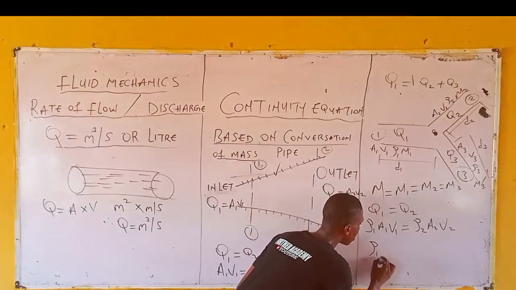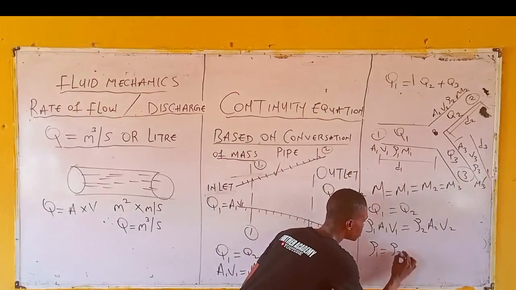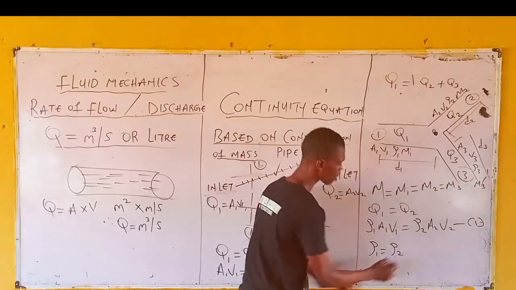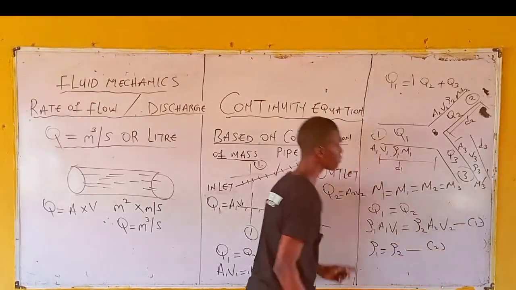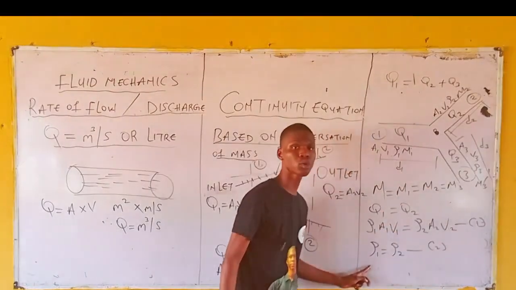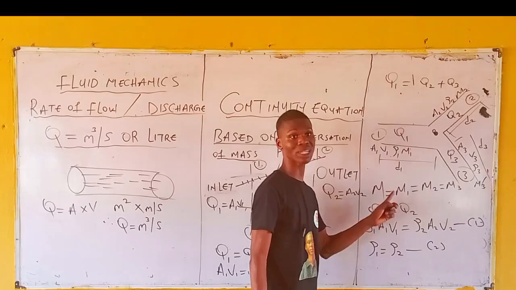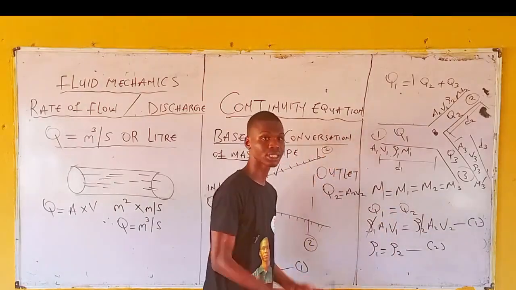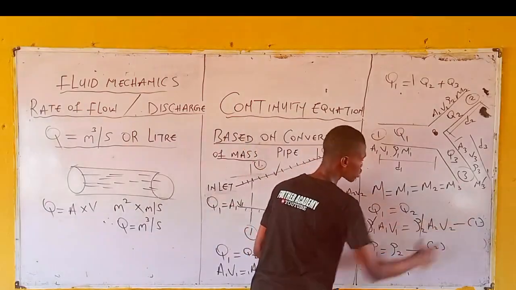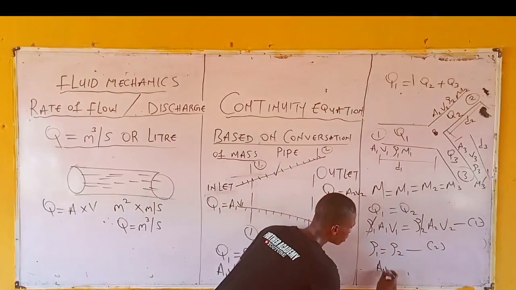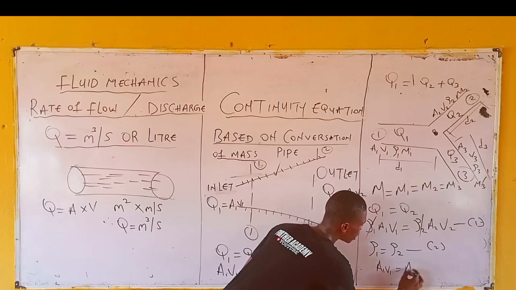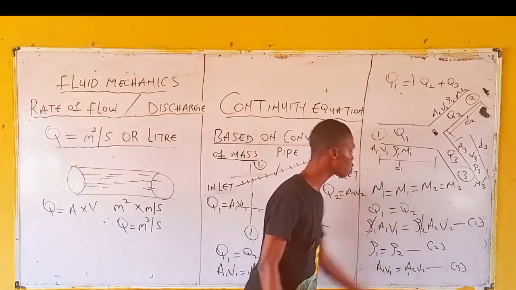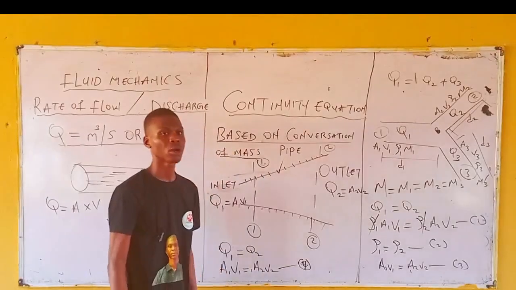Meaning density 1 is equal to density 2, call this equation 2. Since rho 1 is equal to rho 2, rho 1 cancels rho 2, they are the same. Then equation 1 becomes A1 V1 equals A2 V2. Call this equation 3. Now compare equation 3 and equation 4.